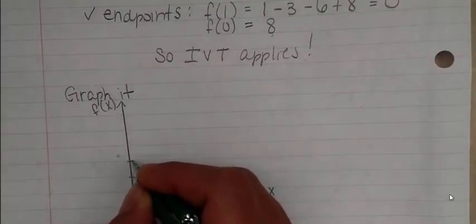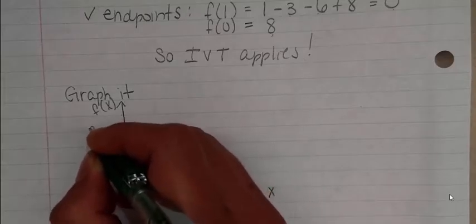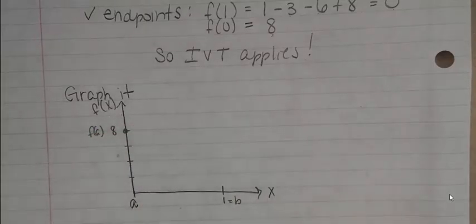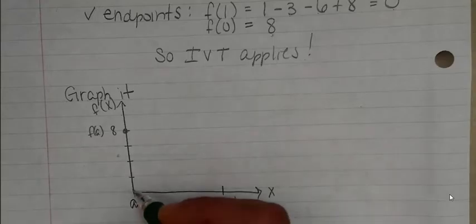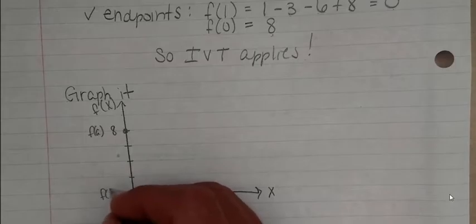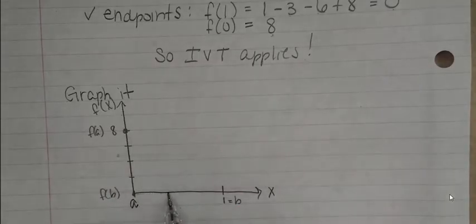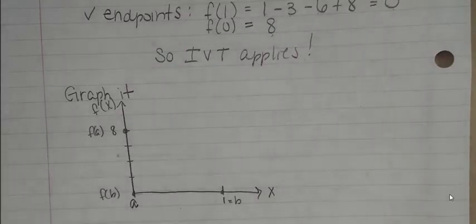Let's see, 2, 4, 6, 8. So this is f of a. And I know when I plug b in, or 1, I get 0. This point right here, my output is f of b, which happens to be 0.